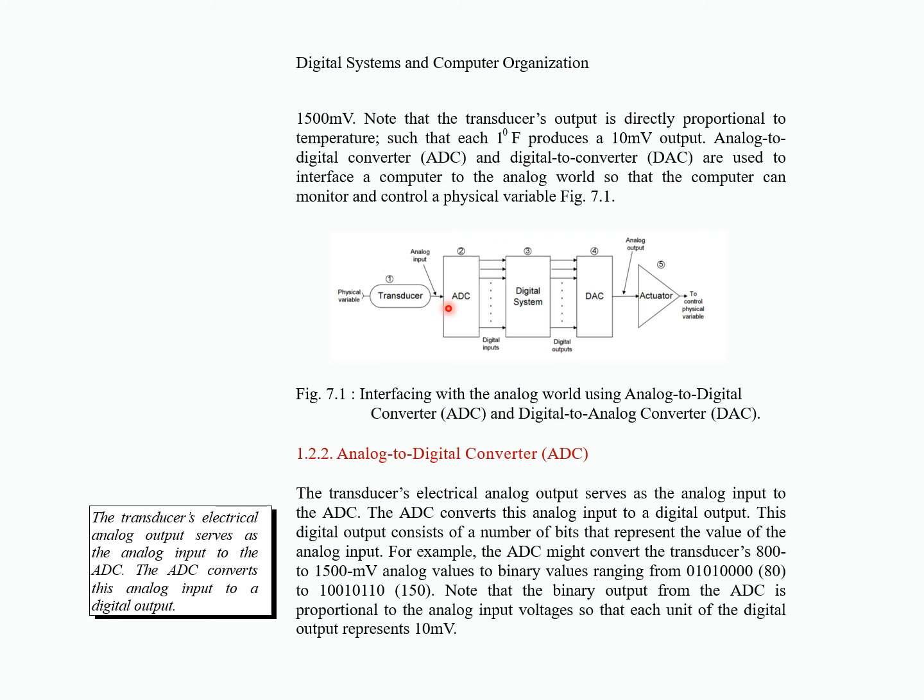A transducer converts a physical variable into an analog input. An actuator converts an analog input into a physical variable. So this is the general interfacing of A to D and D to A converters. Next is the analog to digital converter. The transducer's electrical analog output serves as the analog input to the ADC.